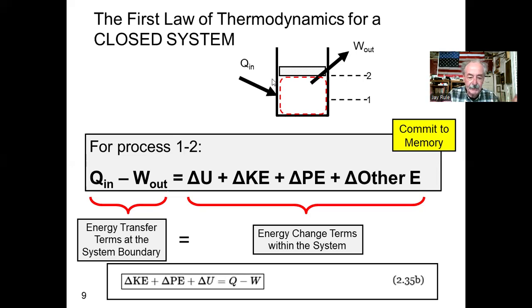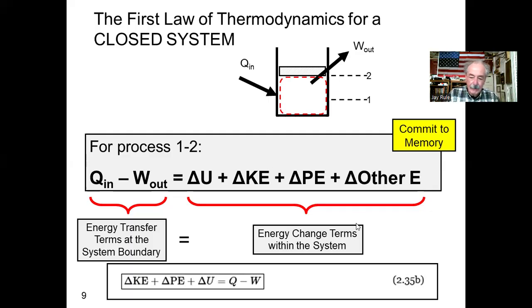They're forms of energy crossing the system boundary. I write those on the left-hand side of the equation: Q in minus W out equals the energy change terms on the right-hand side of the equation: delta U plus delta KE, delta PE, and delta other energies, things like surface tension energy and magnetic energy, that we don't cover hardly at all in this class.